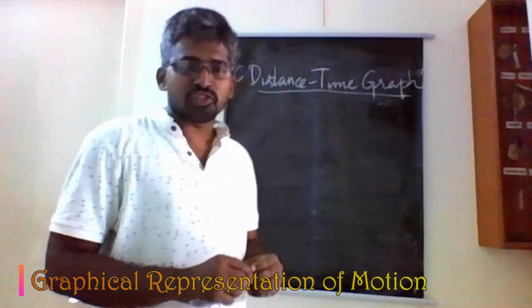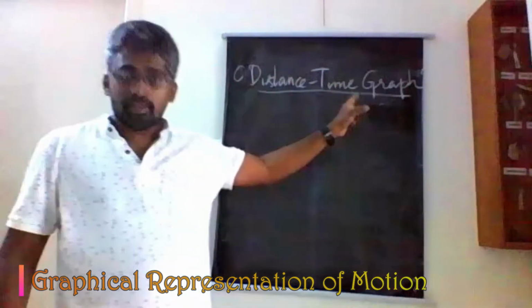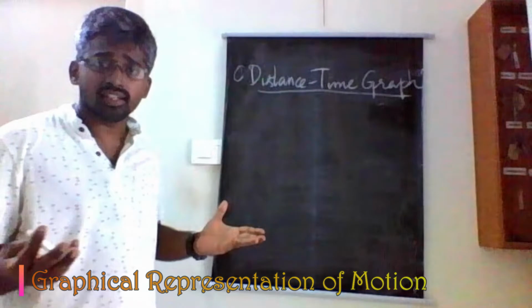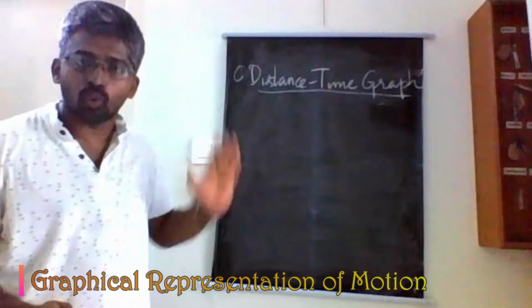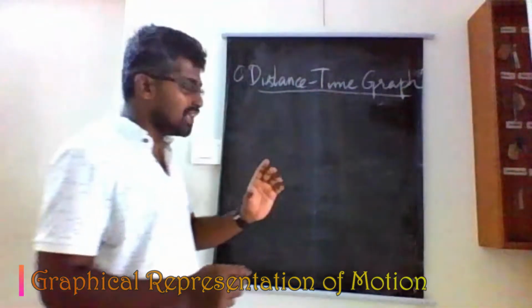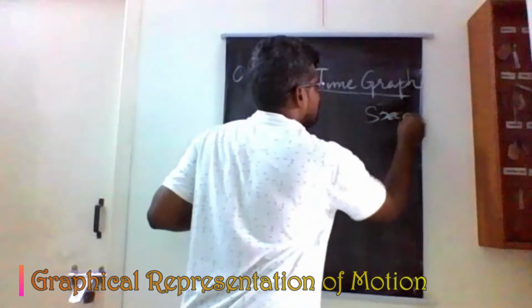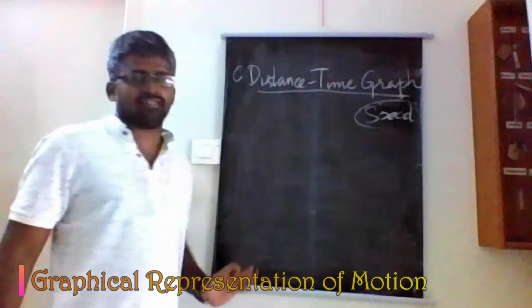First, we are going to see the distance time graph. In the distance time graph, what is missing? Speed is missing. So we are going to find speed with the help of the graph.